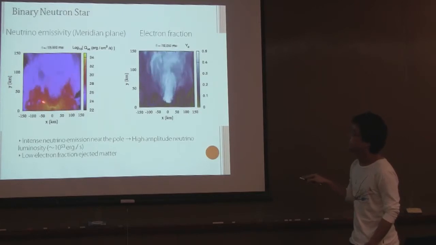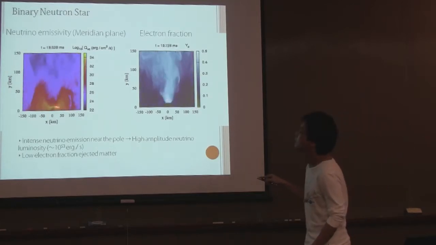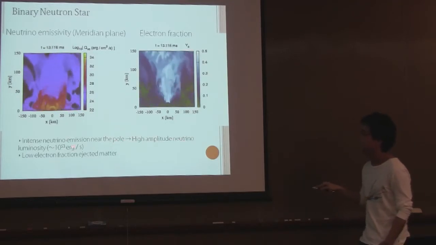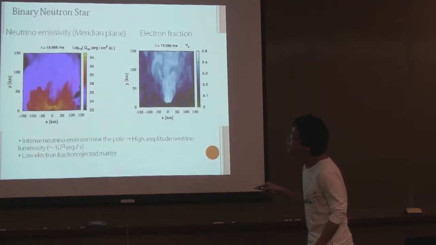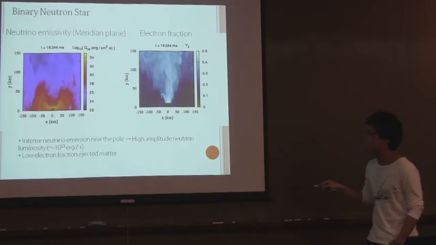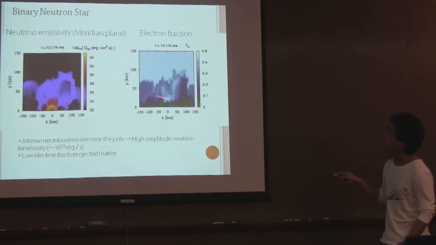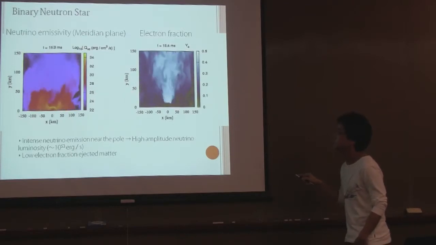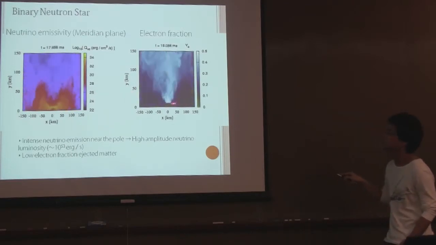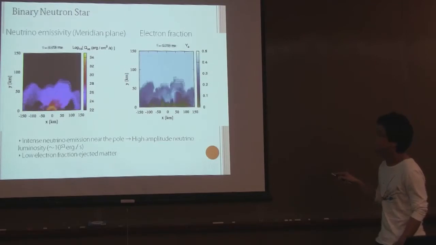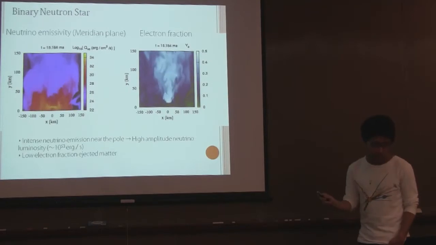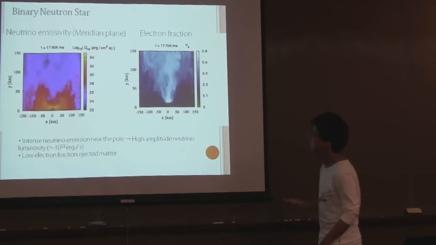This intense neutrino emission results in high-amplitude neutrino luminosities, which are about 10 to the 15 ergs per second. The animation of the electron fraction shows that the matter ejected from this massive neutron star has relatively low electron fraction, which is important to discuss the r-process in binary neutron star mergers.